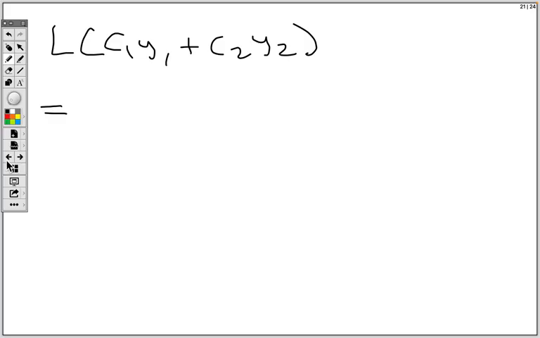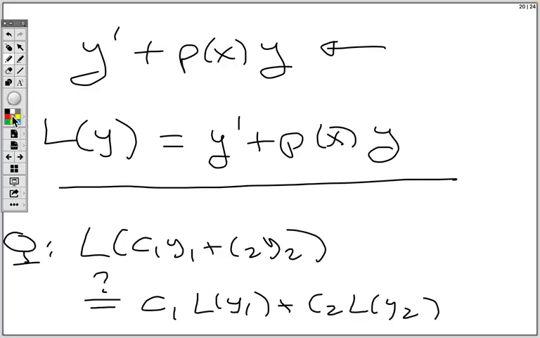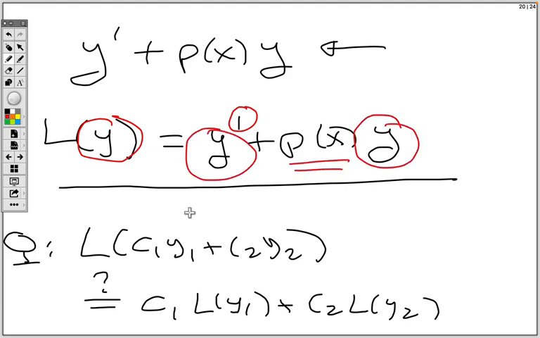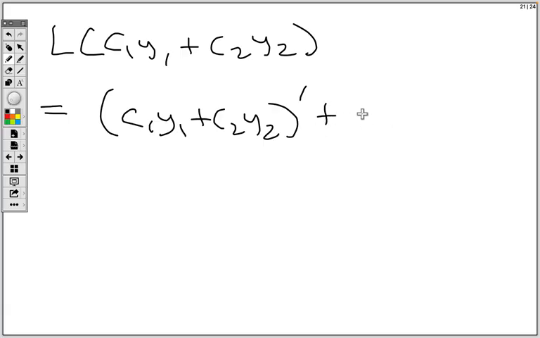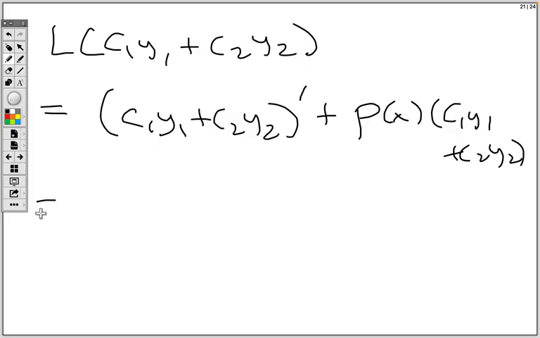By definition, whatever goes in here, I take the derivative of it, and then I add p of x times it. So I'm going to take the derivative of this, and I'm going to tack on p of x times it. And now I'm just going to work this out.